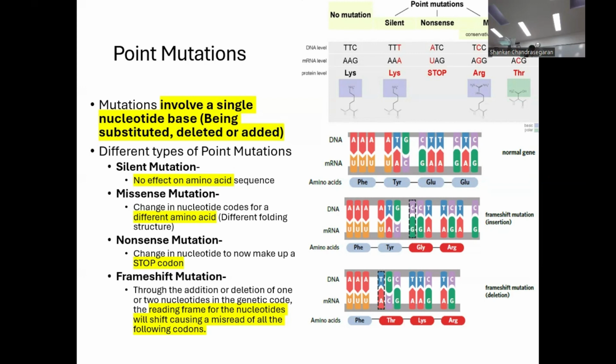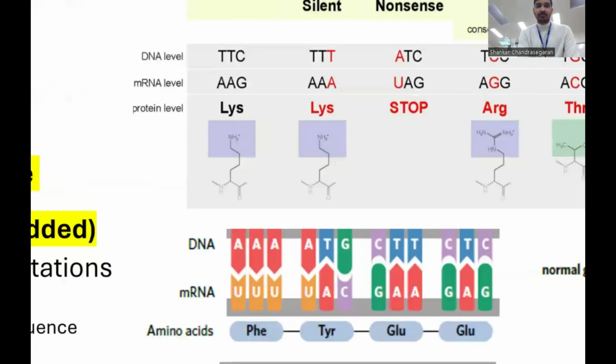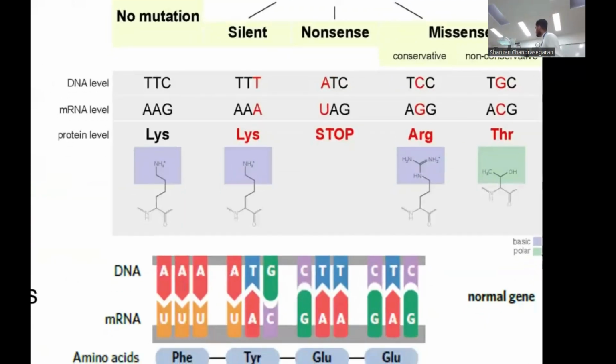So the first type of mutation is known as a silent mutation. Why is it referred to as a silent mutation? Basically it does not change the protein that's going to be made. So you can see it here. This is your original copy of the sequence at DNA level.